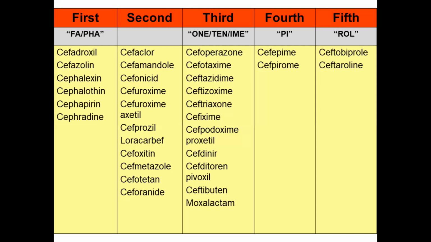Then ito, the rest, second gen na: cefuroxime, may 9 din, at saka loracarbef. Ito na lang yung kakabisaduhin. For fourth generation, may P: cefepime, cefpirome. And fifth generation, meron ceftaroline and ceftobiprole.